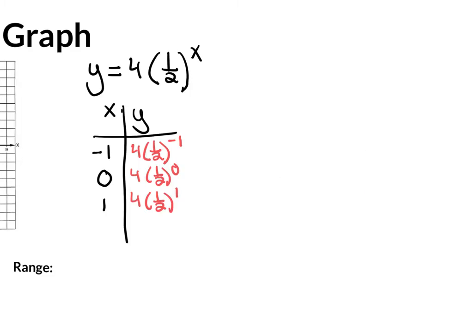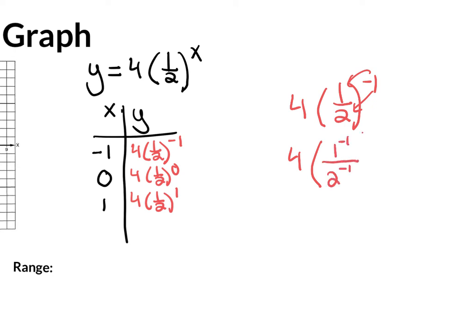Real quick, I would just want to go through this. So 4 times 1/2 to the power of -1. Well, that would mean 4 times, that exponent goes to both of those, 1 to the power of -1 over 2 to the power of -1. And now negative exponents, remember we can move them and make them positive.